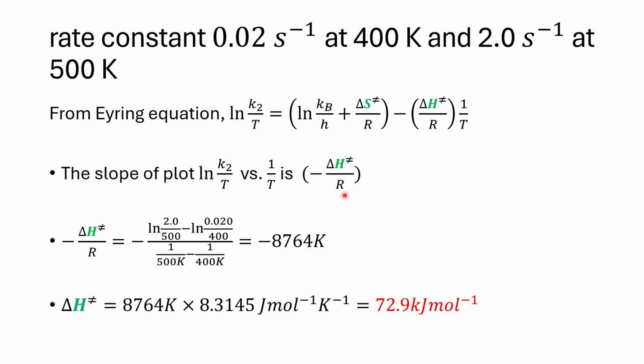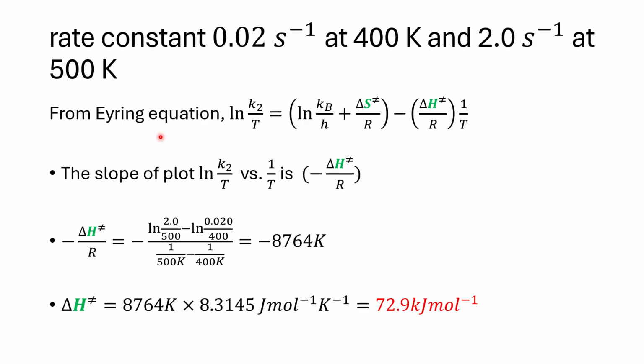So we are given two rate constants at different temperatures, k1 and k2, at 400 Kelvin and 500 Kelvin respectively. We need to determine the change of enthalpy for the activation complex. To determine that, we use the linear form of the Eyring equation.